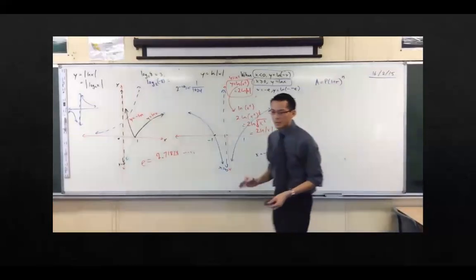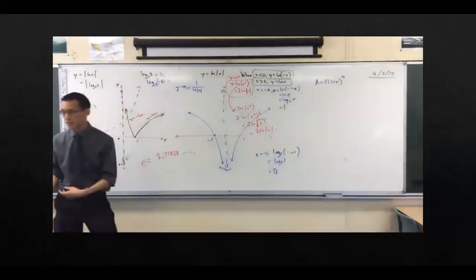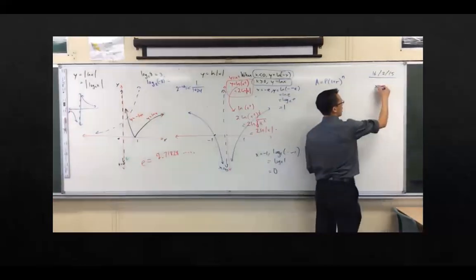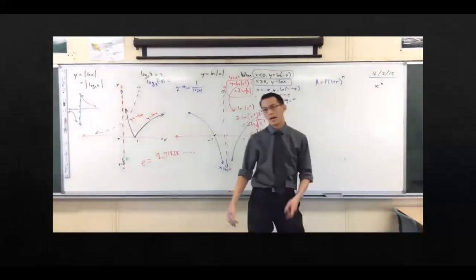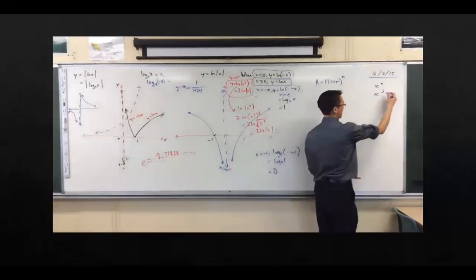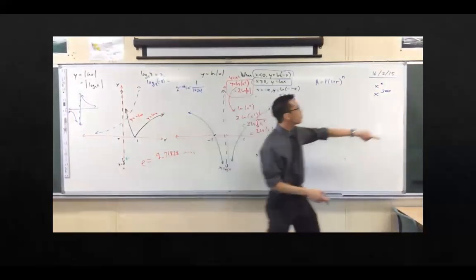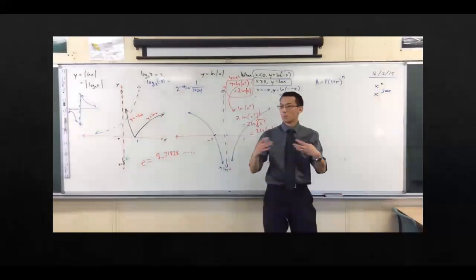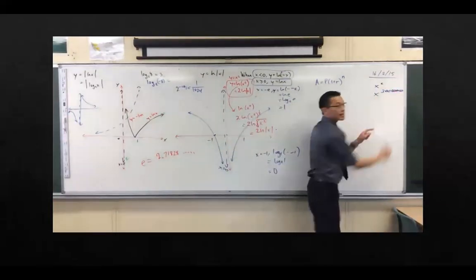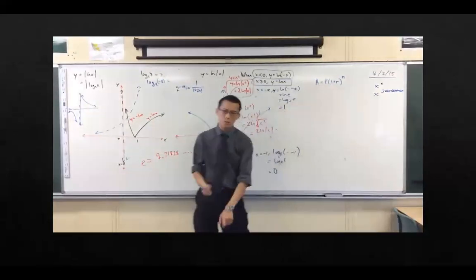Exponential growth doesn't just mean growth that's very, very fast. It means a particular kind of growth. X squared grows fast, right? But X to the power grows faster. These all grow very fast, but they're all the same kind of growth. None of them, no matter how ridiculous this number gets, are as fast as exponential. Exponential is doing something different.